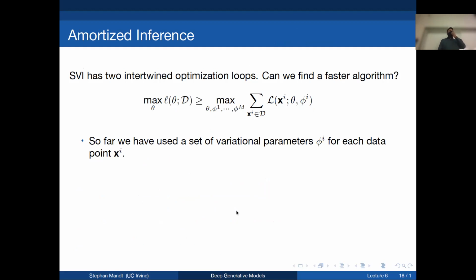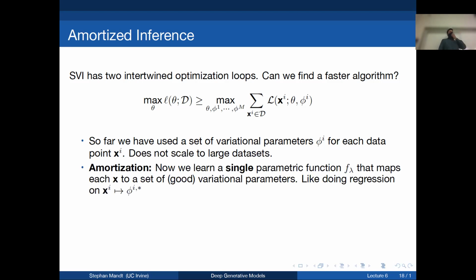In some sense, you want to get rid of local variational parameters phi I, which are data point specific variational parameters that you have to optimize for each and every data point. So far, by definition, we had these per data point variational parameters phi I. So can we maybe just completely get rid of them? Yes, because this doesn't really scale to large data sets.